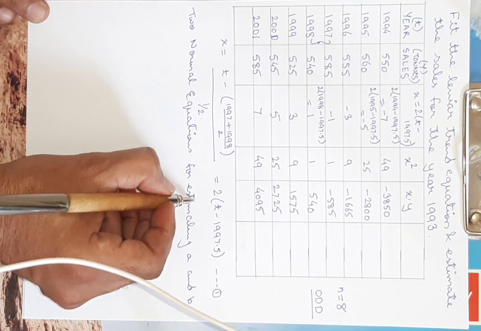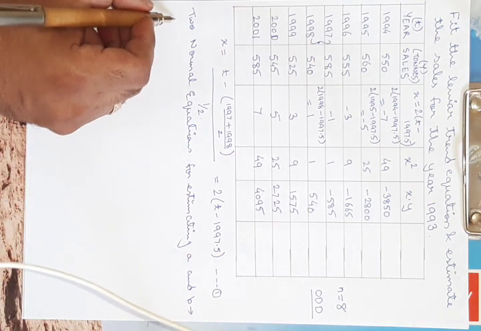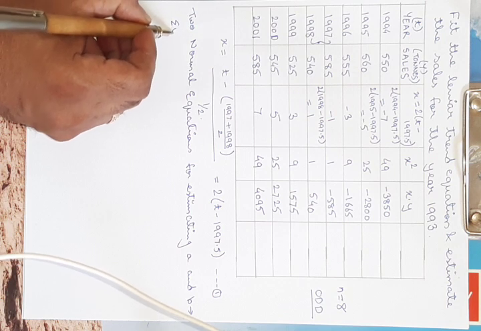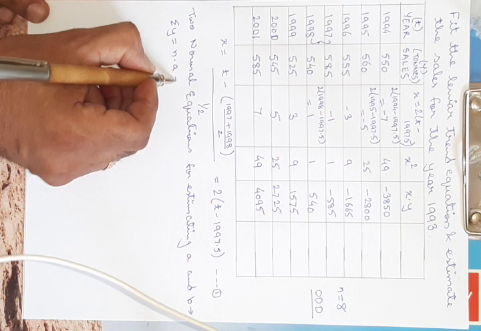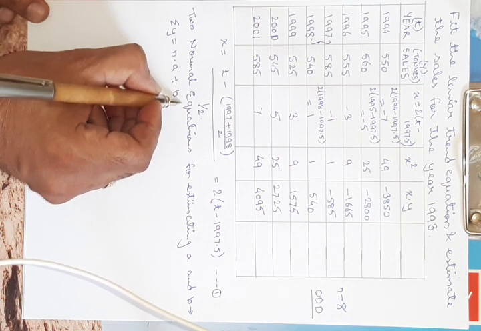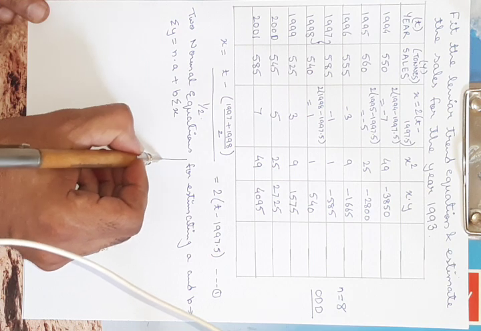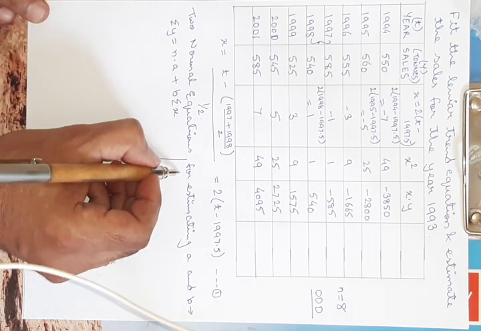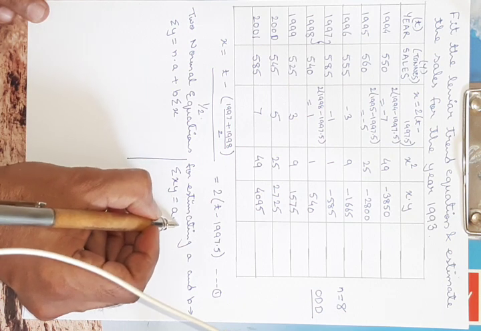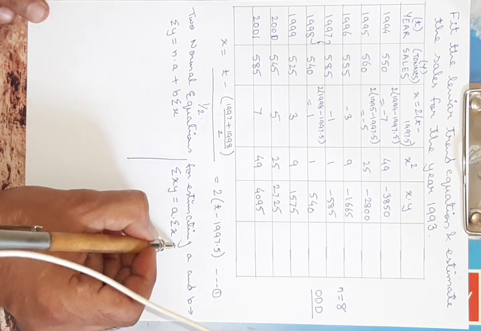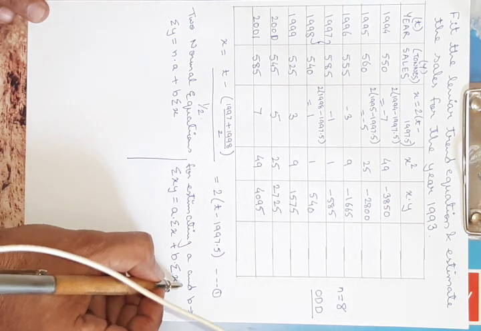They are given by the formulas: summation of y is equal to small n into A plus B into summation of x. And the second equation, I'll write down here: summation of xy is equal to A into summation of x plus B into summation of x square.